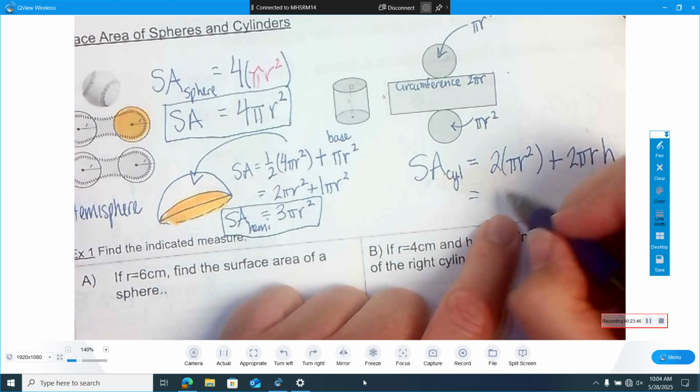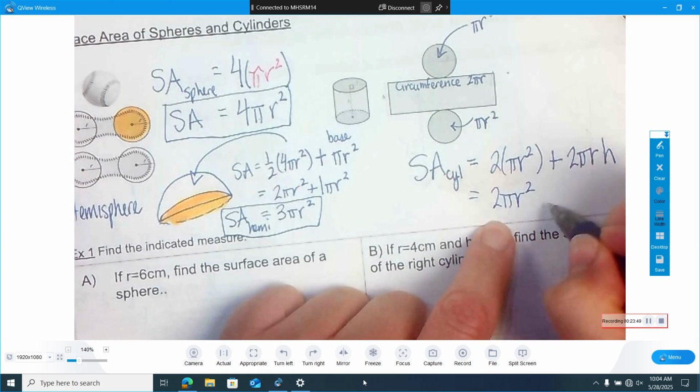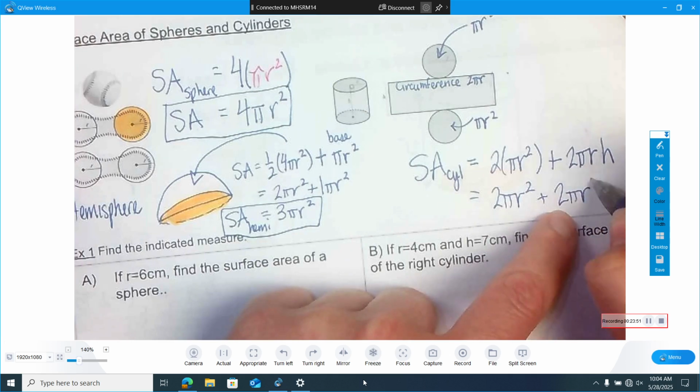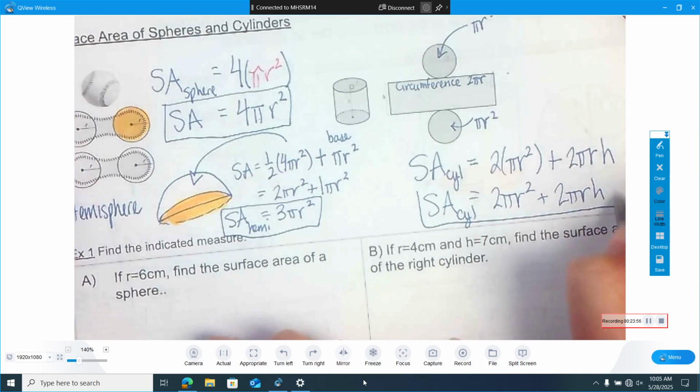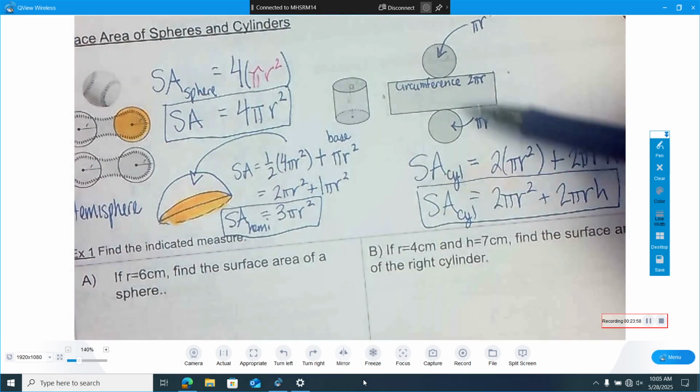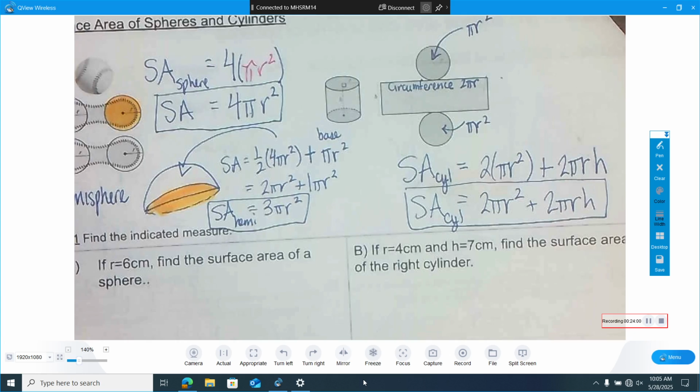And so if you really want to clean it up, it's 2 pi r squared plus 2 pi r h. And so that's the surface area of a cylinder. And again, is it something you have to memorize, or is it something you just have to think about? Hopefully it's something you just have to think about. And now that you've seen the net for a cylinder, it's not too hard. You don't have to memorize it because we can just think about it and build it.